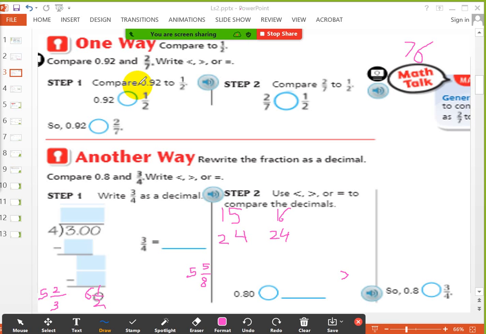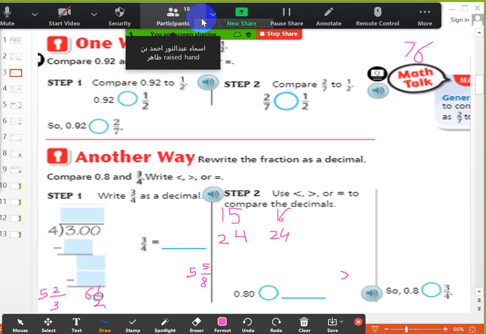What do I mean by that? I mean, if you want to compare two numbers, the two numbers must both be decimals or both be fractions. So if one of these numbers is a decimal and one is a fraction, what do I have to do here? I can't make 2 over 7 a decimal number. Why?